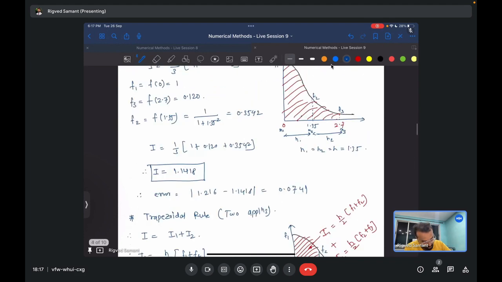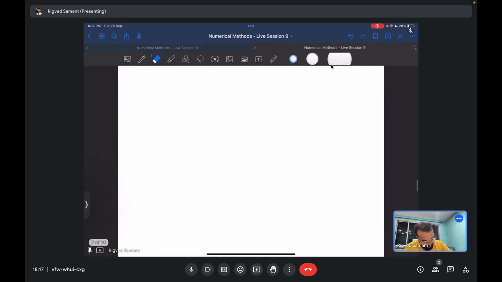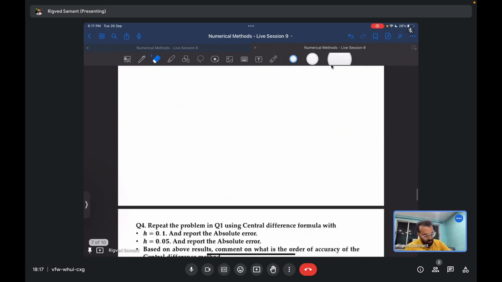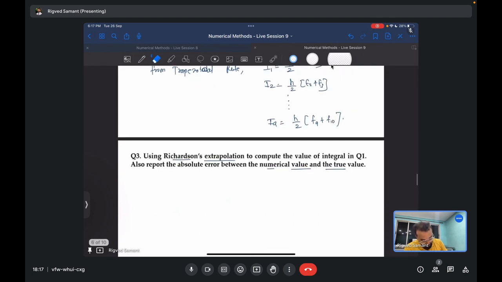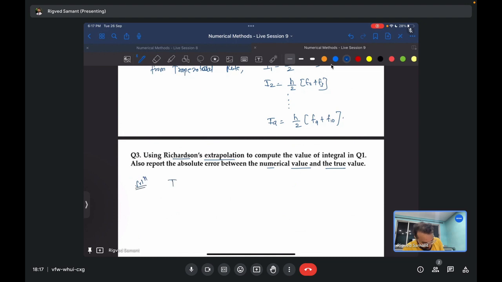So what your Richardson formula says is, I true is nearly equal to, so in Richardson extrapolation what we do is we have a solution using the same technique for a different number of intervals.